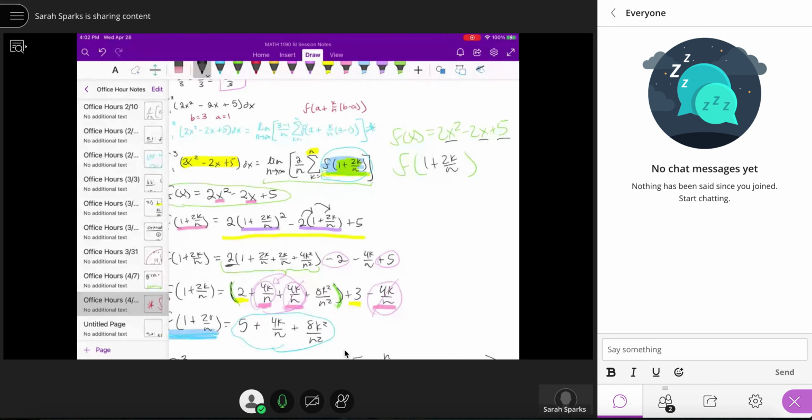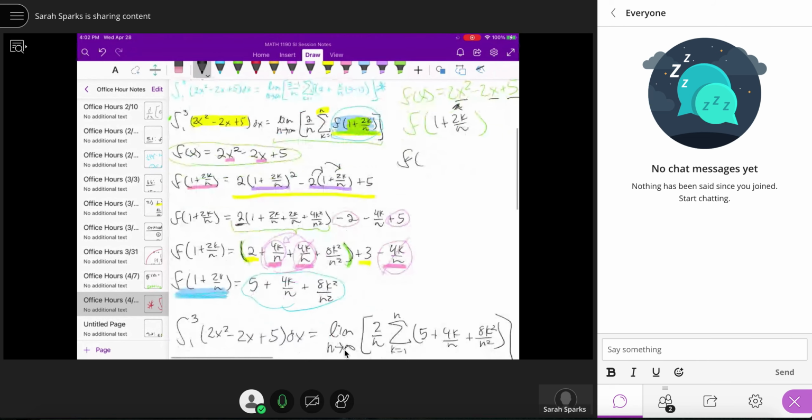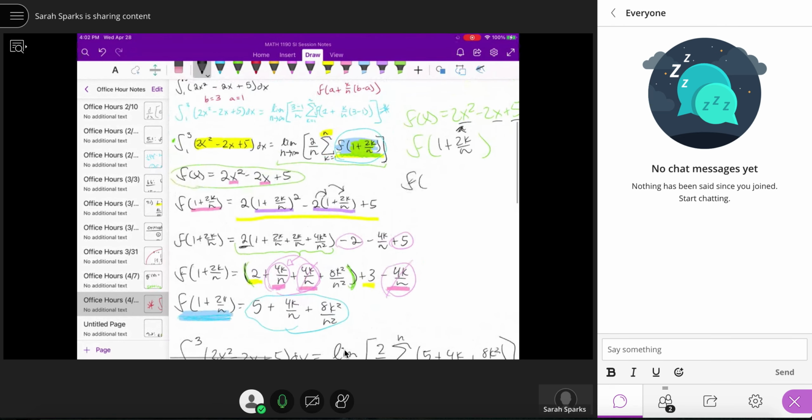So everywhere we see an x, we're going to plug in that 1 plus 2k over n. Okay. That's what we're doing from here to here. Sorry, I know this looks kind of messy, but we're just substituting that x value for that 1 plus 2k over n, and then simplifying.